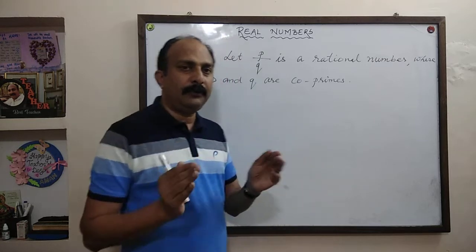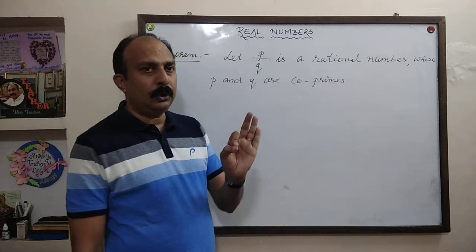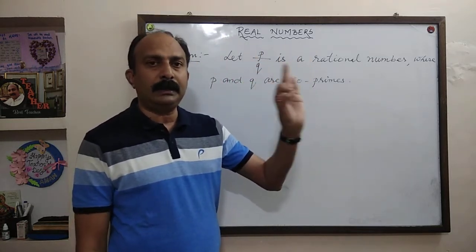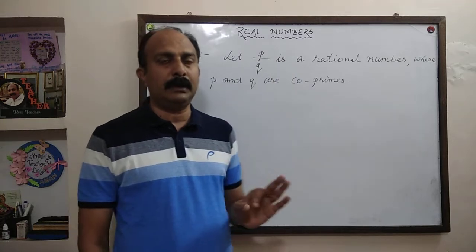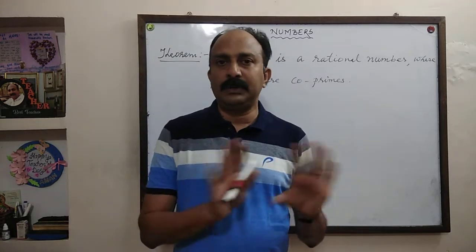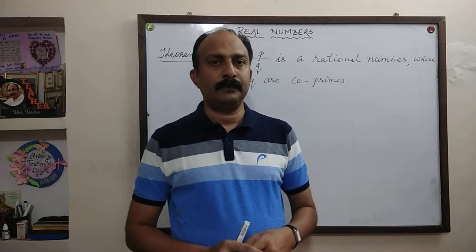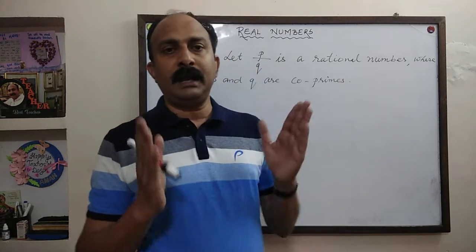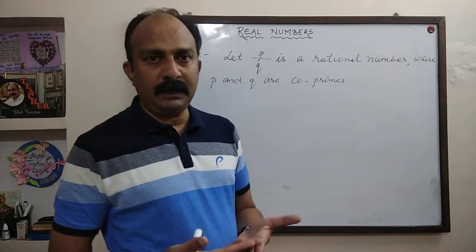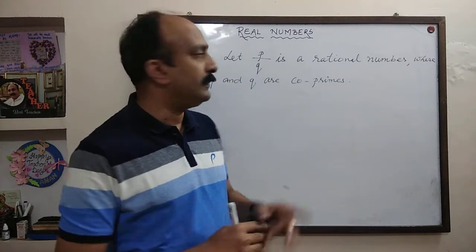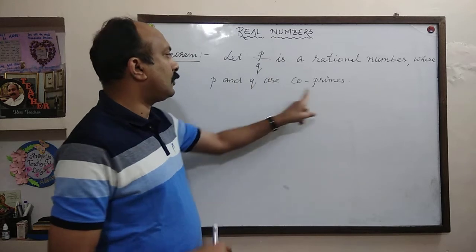In the simplest form of a rational number, there is no common factor between the numerator and the denominator. For example, 2 upon 4 is not the standard form, but it must be 1 upon 2. So whenever we write the final answer of a rational number, normally we used to write it in the simplest form where P and Q are coprime.